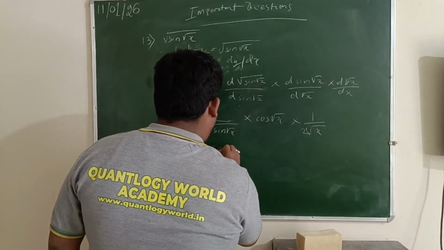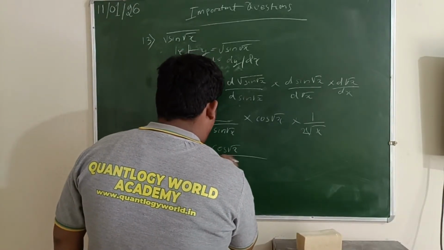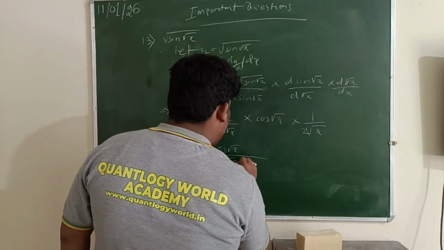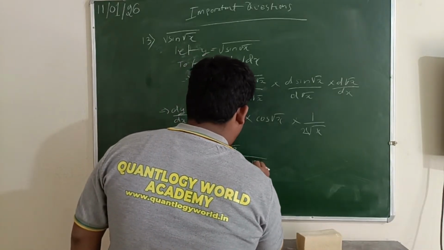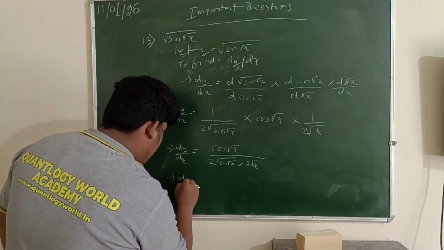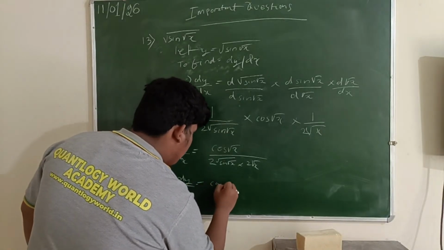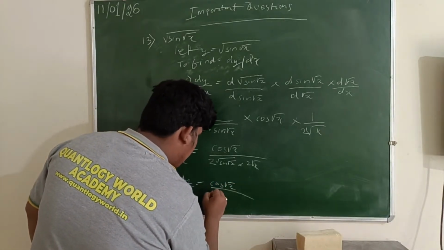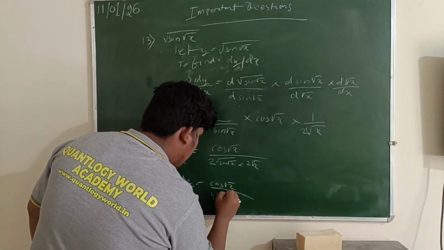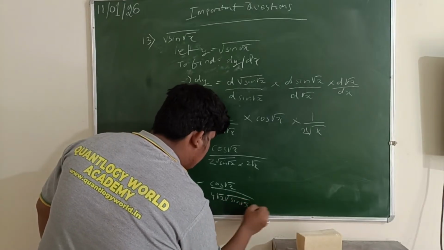So cos root x by 2 sine root x into 2 root x, which implies that dy by dx equals cos root x by 4 root x into root over of sine root x.